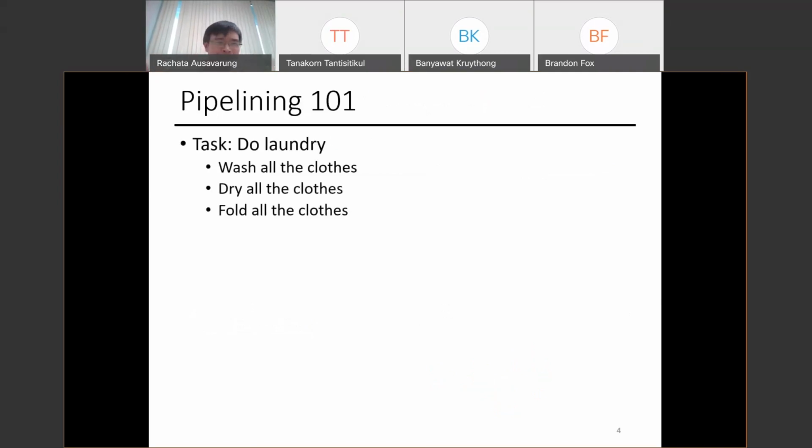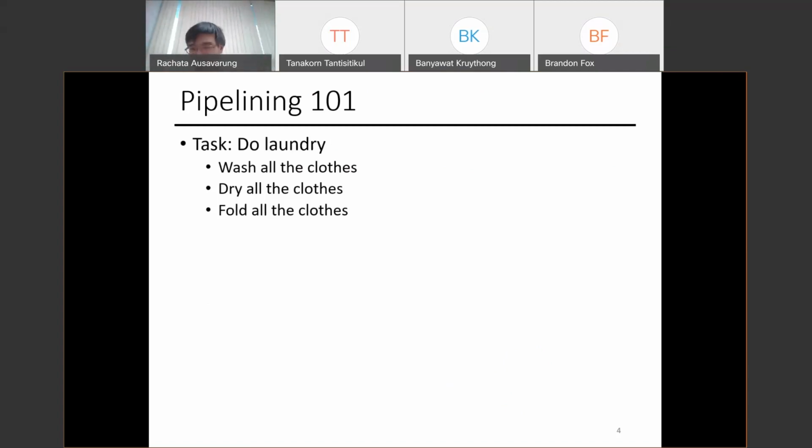How many of you have to do laundry on your own? When you need to do laundry, you first need to wash your clothes, then you dry them, and then you fold them so that you can use them later. And this has to be done in order. You can't dry it and then wash it and then fold it.